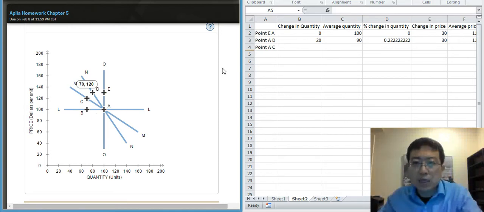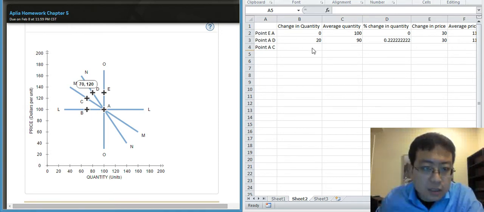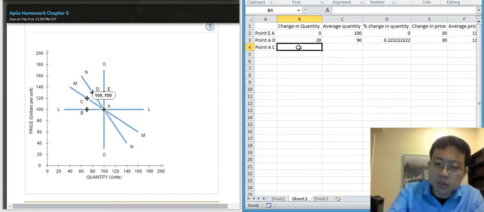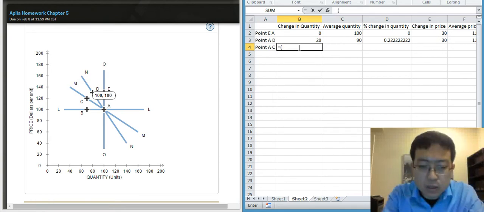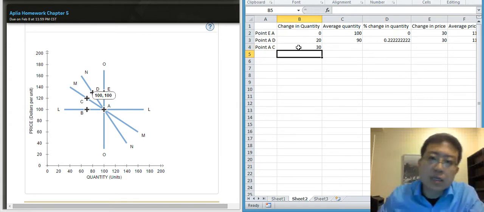So for C, our quantity is 70, and for A, our quantity is 100. So let's do this one: 100 minus 70. You should have 30.